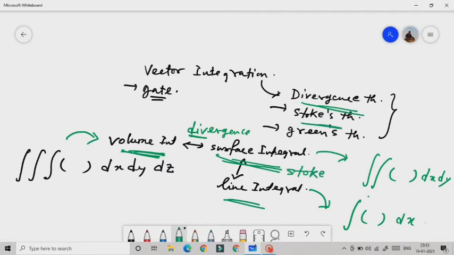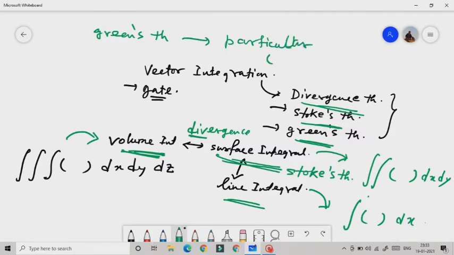And a particular or special case of Stokes theorem is known as Green's theorem.